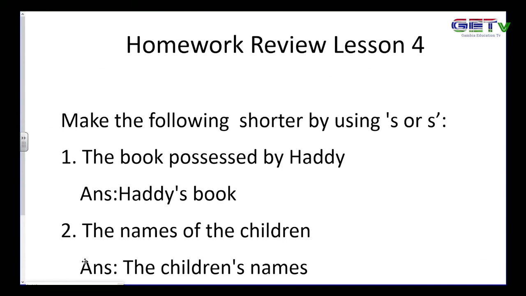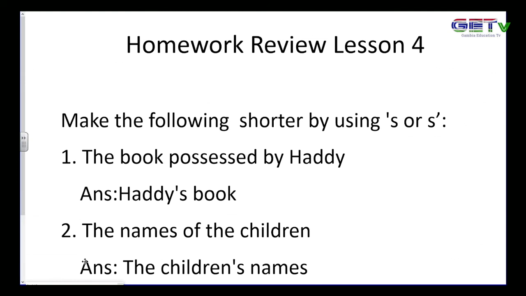But remember, when we say the names belong to the children, we say what? The children's names. Now, Hadi's book, the children's names. And those are the answers for your homework.